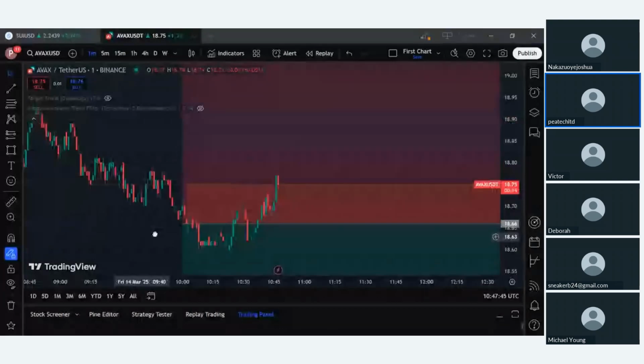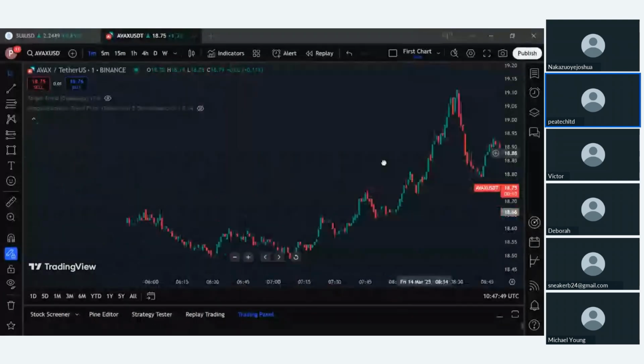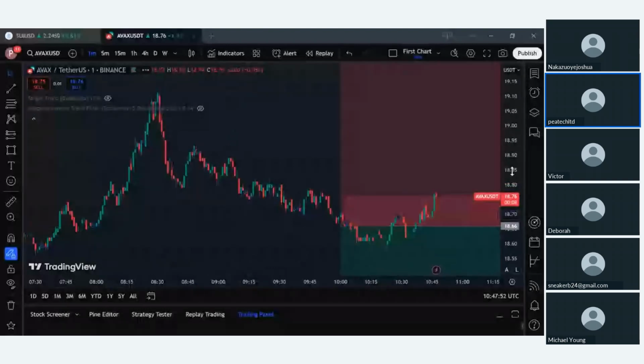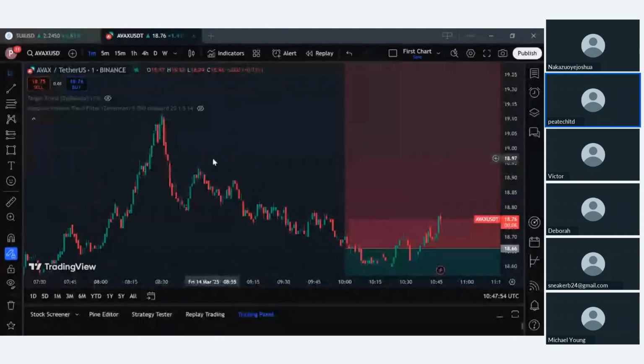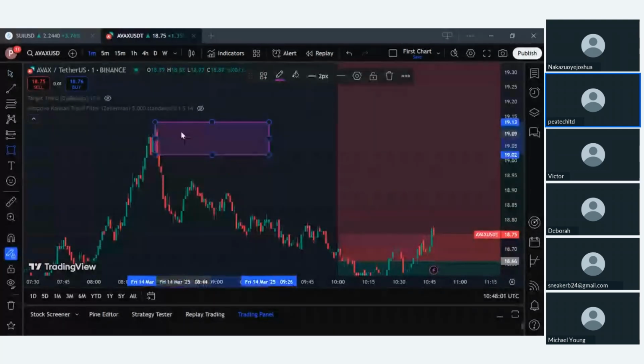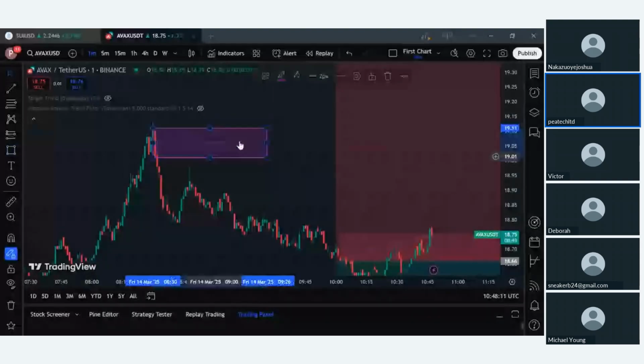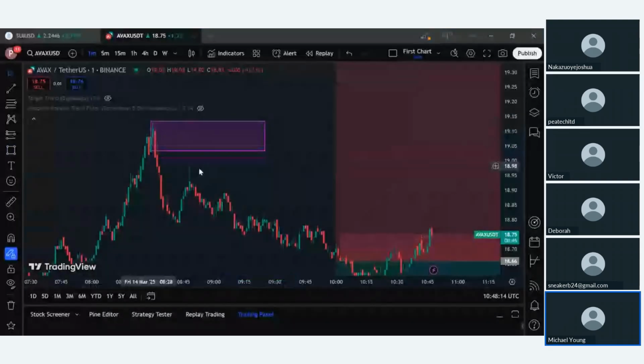Okay. So let us look at where you started your analysis from. We have our highest point, which is this part. So yes, this is our high. This is the highest point we have, right? Yes.